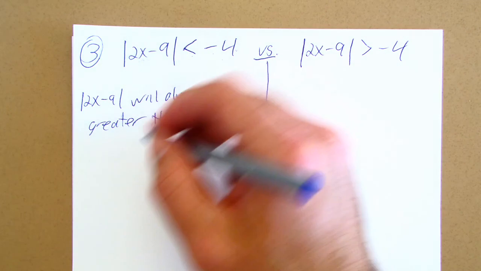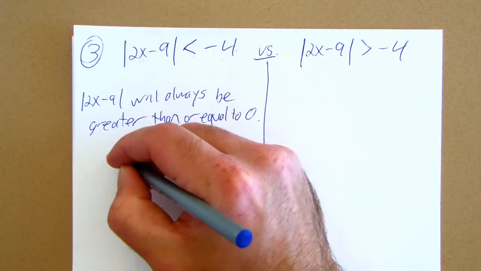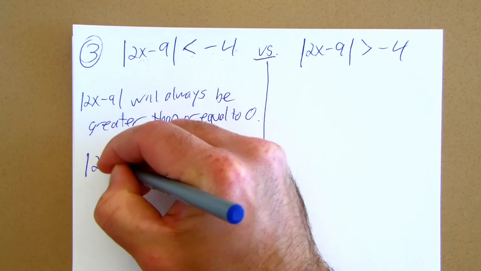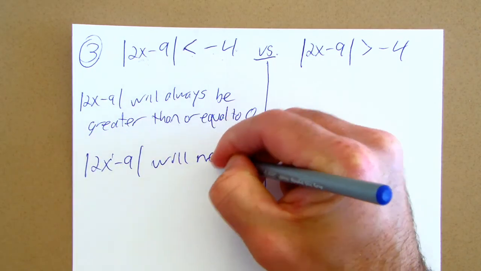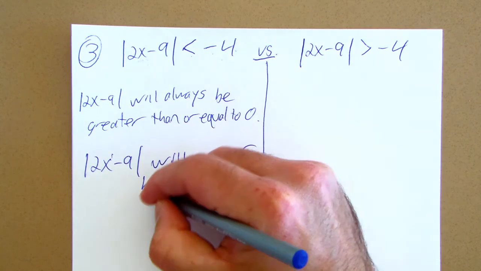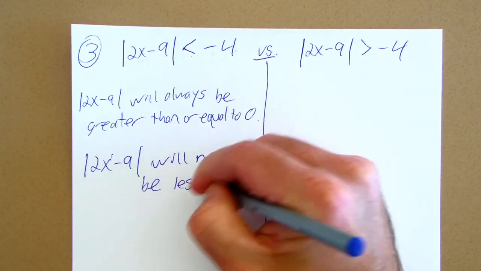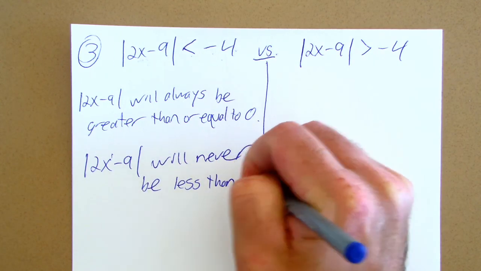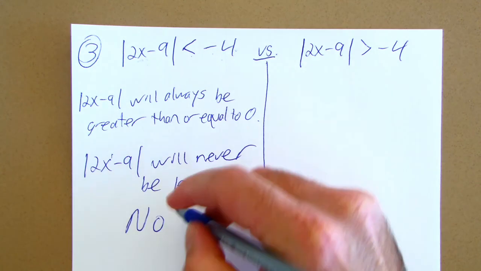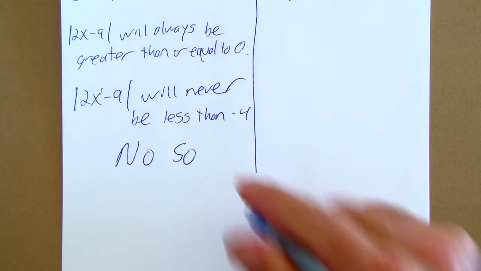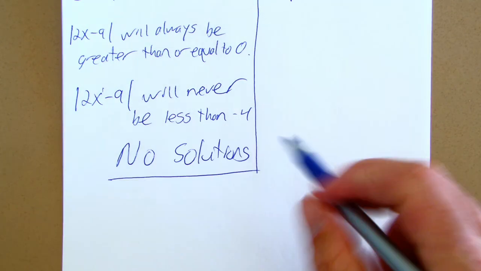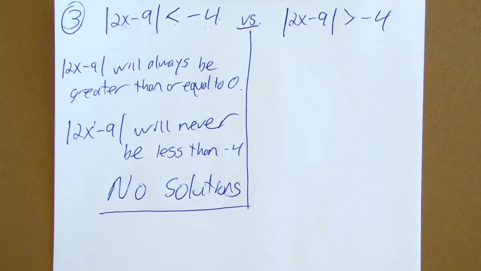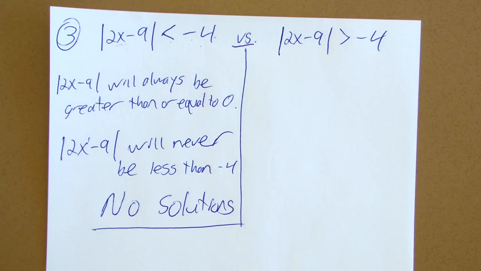All right, so there are absolutely no solutions to this inequality. Okay, so if you get the absolute value is less than a negative, no good. There are no solutions.